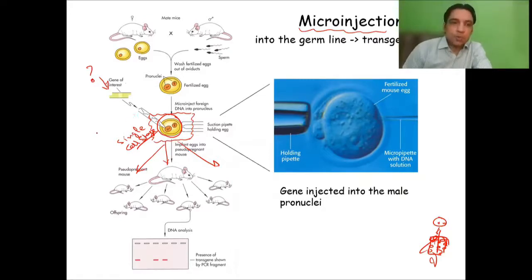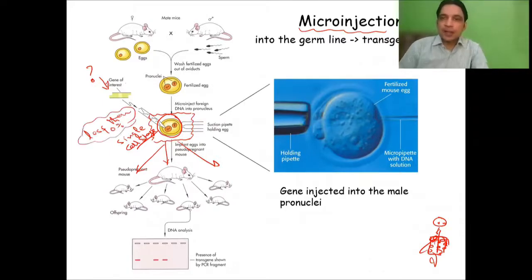And I can tell you the percentage of success here is less than 10%. If you are injecting the gene of interest into the zygotes of 100 samples, you might get successful incorporation of the gene of interest into the host genome in less than 10%.